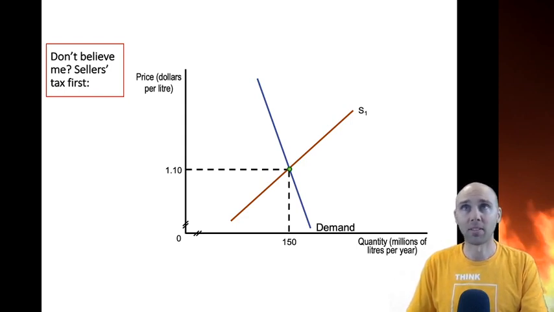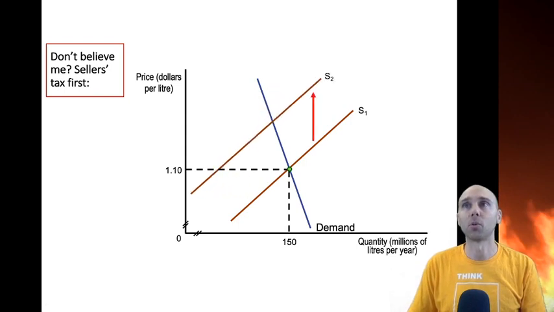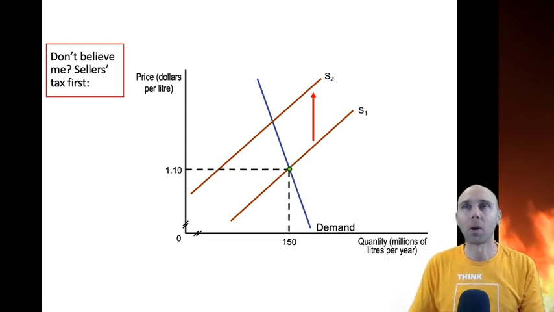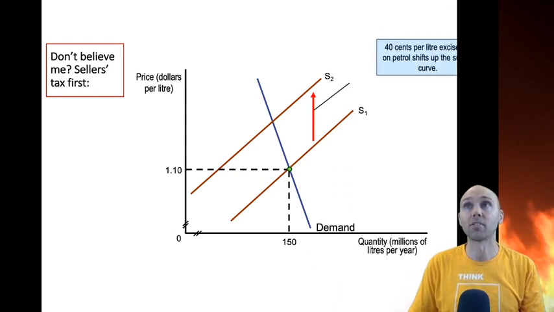Imagine that we're looking at the petrol market, and we'll put a tax on the sellers. So we'll put a tax on the sellers such that we've increased the marginal cost per unit to supply that unit, which has shifted the supply curve to the left, but it's easier to think about it in terms of shifting it up by a certain amount.